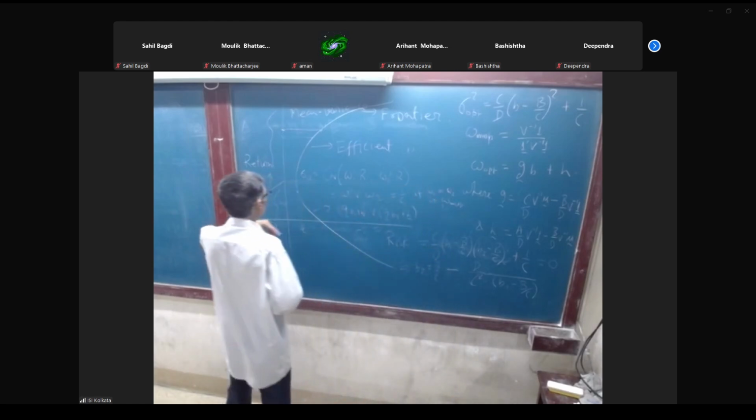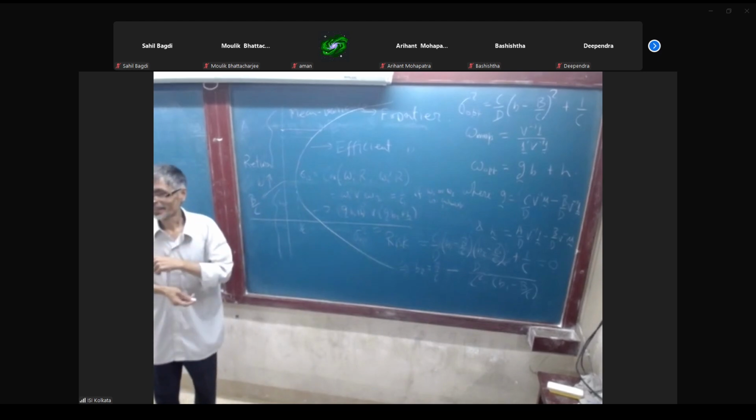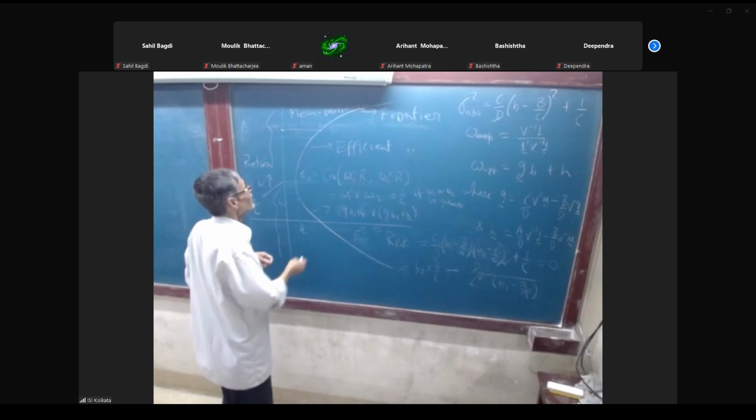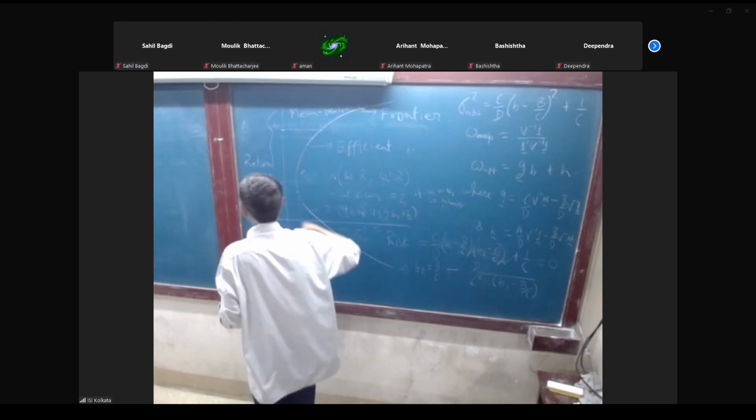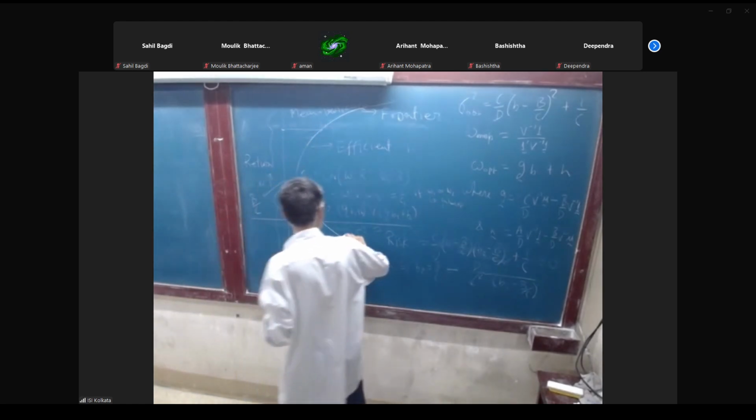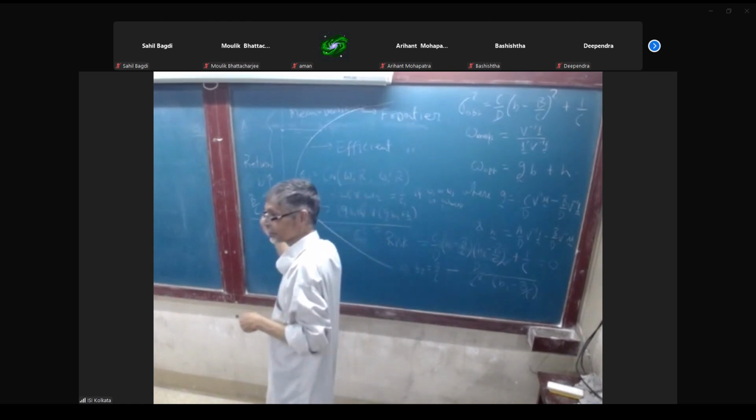So where should B2 be? If B1 is here, where should it be, given that it's a parabola? Parabola in the sense that this is x versus y squared type of parabola.